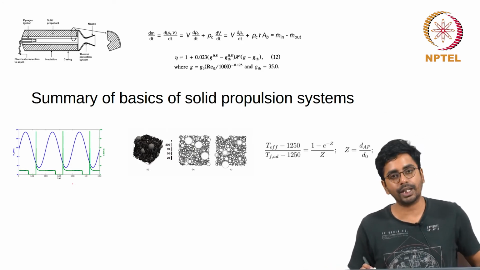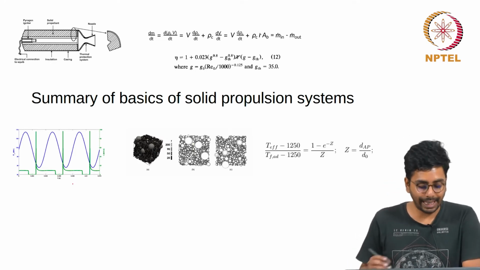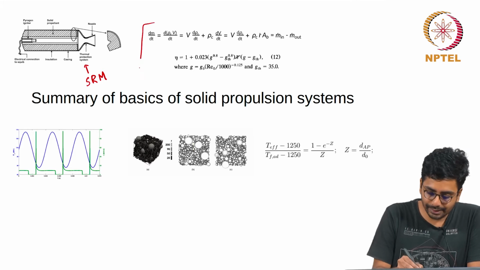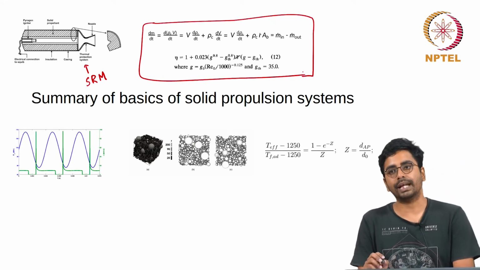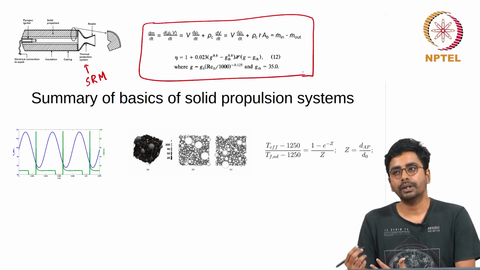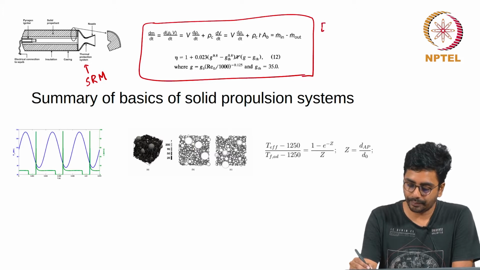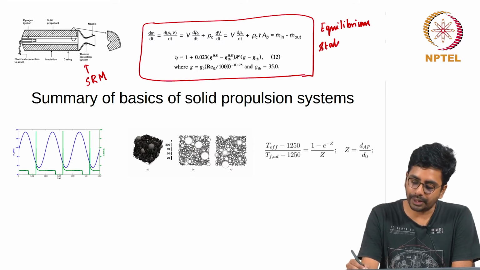Let us move on to a summary of basics of solid propulsion systems. Here again I will try to use as much of pictures as I can. What I have shown here is a basic layout of a solid rocket motor. These equations, as you may recall, are what are used to calculate the equilibrium state, or the equilibrium pressure, of the solid rocket motor.